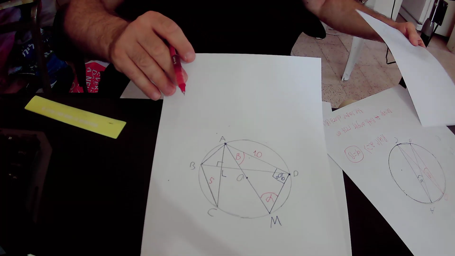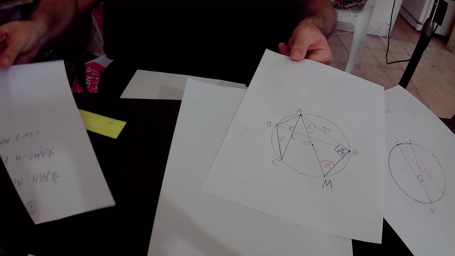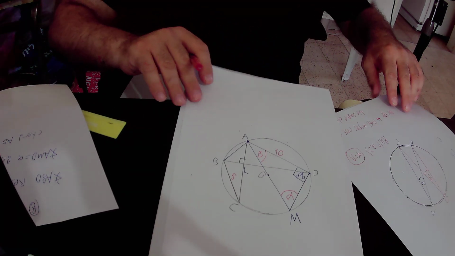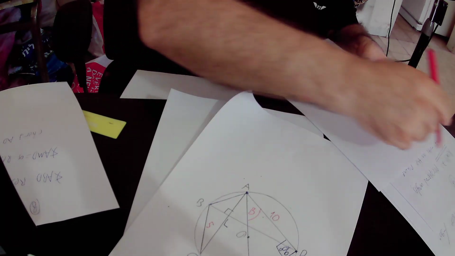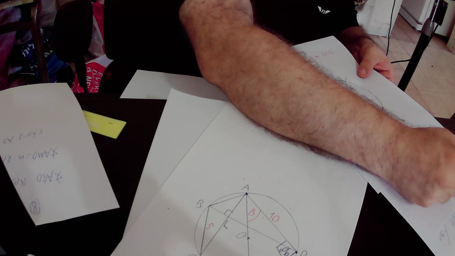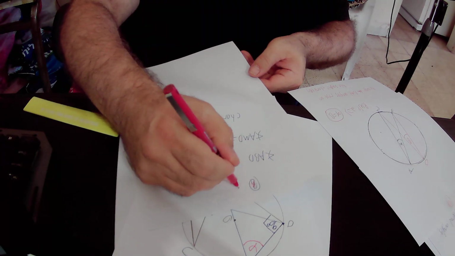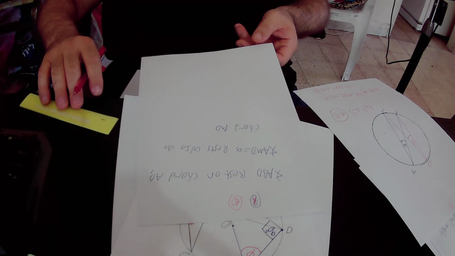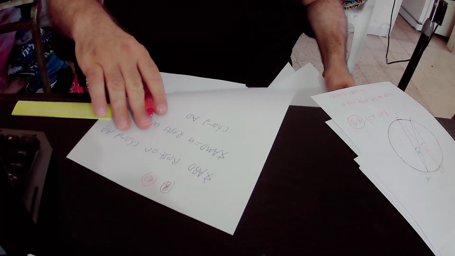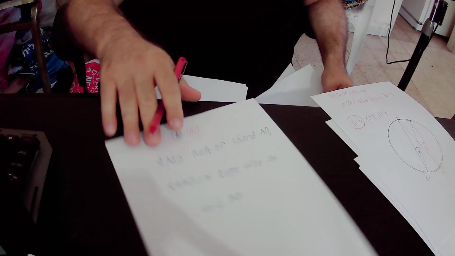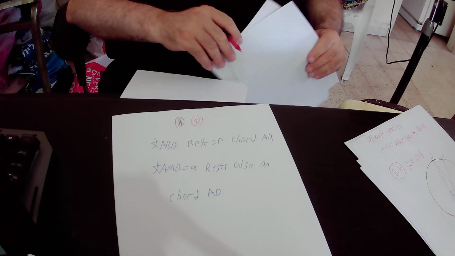So according to rule number 2, they are equal to each other. Again, angle ABD rests on chord AD.